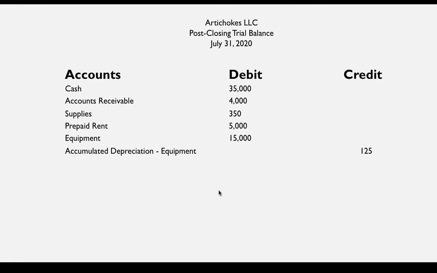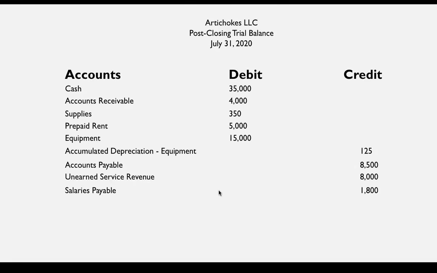Accumulated depreciation equipment, $125, and remember that's a contra asset, so it's going over on the credit side. Then we start listing out our liabilities. So we have accounts payable of $8,500. We have unearned service revenue of $8,000. And we have salaries payable of $1,800.